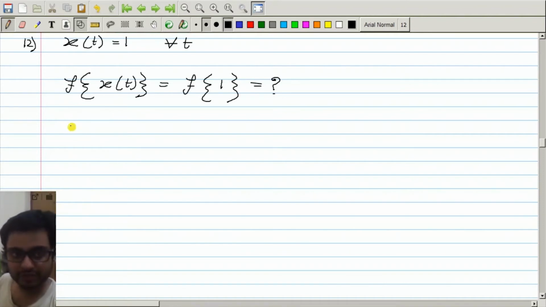So suppose the Fourier transform of 1 is equal to say capital X of omega.